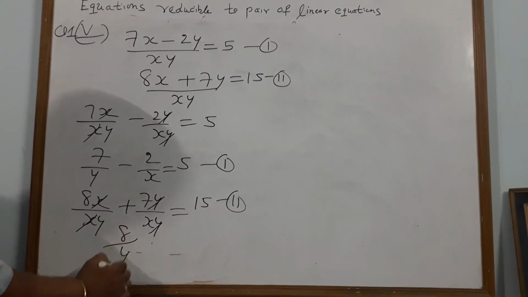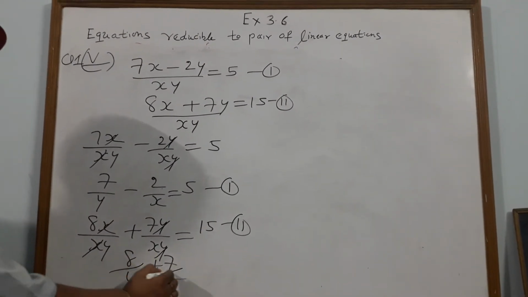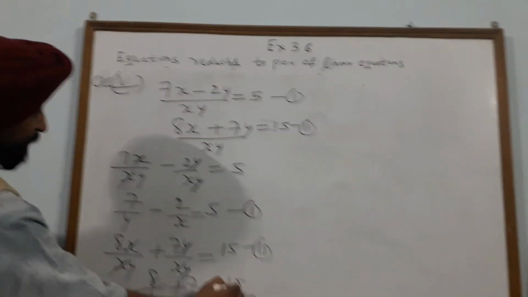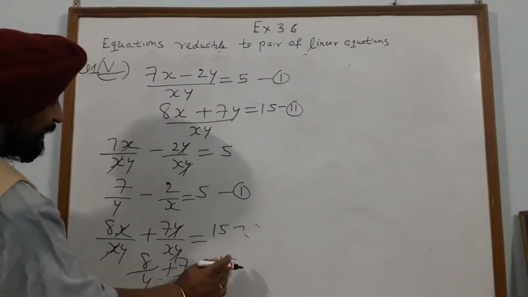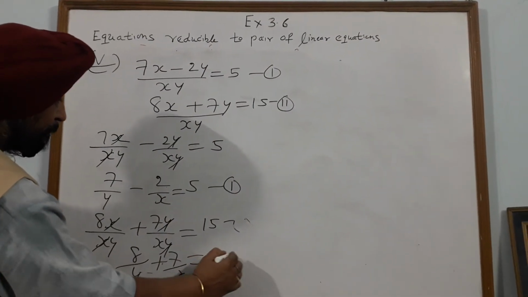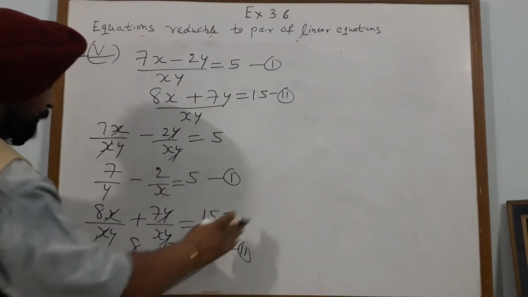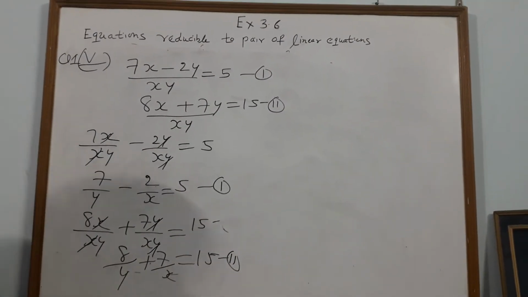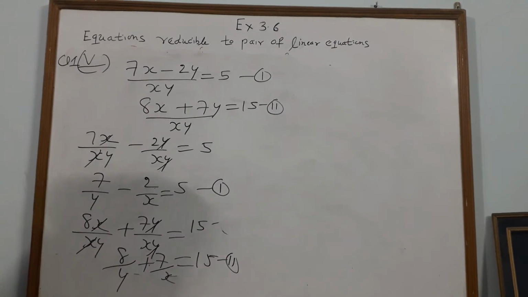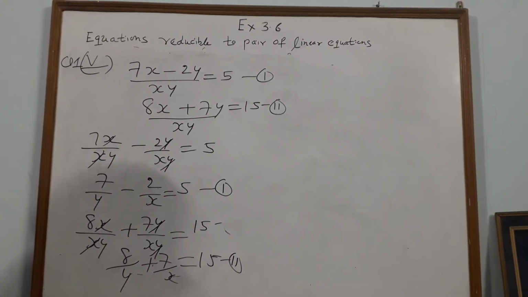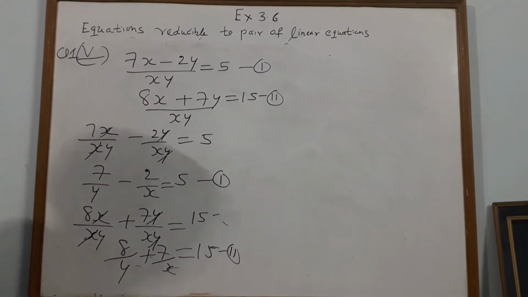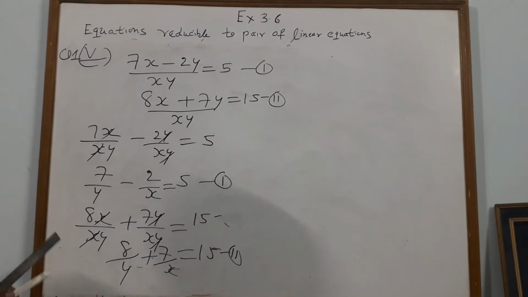So we get 8 over y plus 7 over x is equal to 15. So this is the second equation now. Now you can solve by the substitution method, the first type of method that we have done in the first question. In the same way we can do this question.